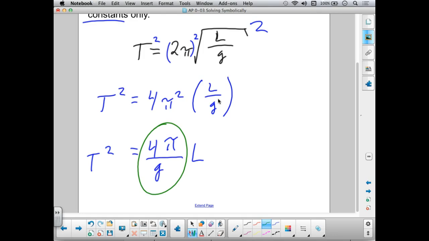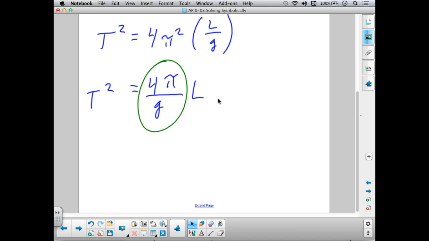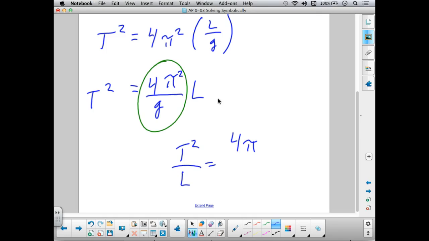We need to get only known constants on the right-hand side. So let's take one last step and put L on the other side. I'm going to divide both sides by L, and I would get T squared over L equals 4 pi, oh, I'm sorry, I forgot the squared here. My mistake, there's a squared. 4 pi squared over g, which is really cool.